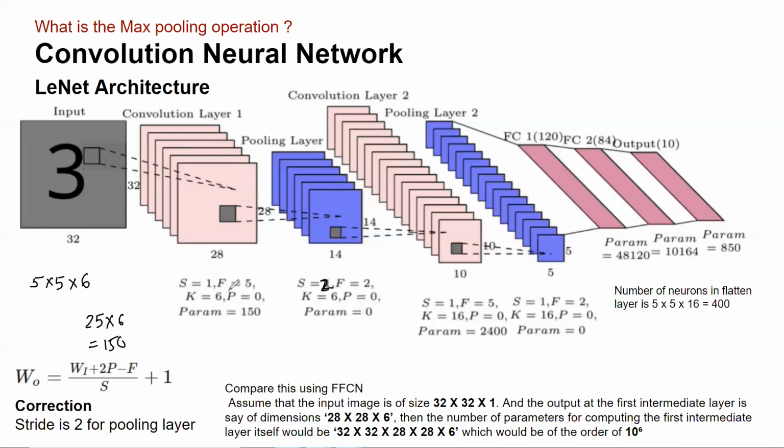Yeah, but here I was performing a convolution operation. That's why I was interested in learning the weights of those kernels. Here I'm not doing any convolution operation. It's not even a kernel.